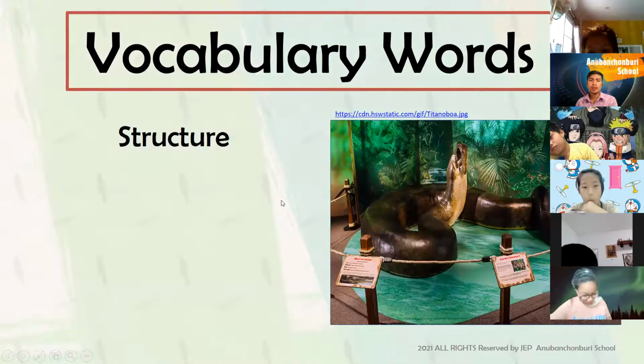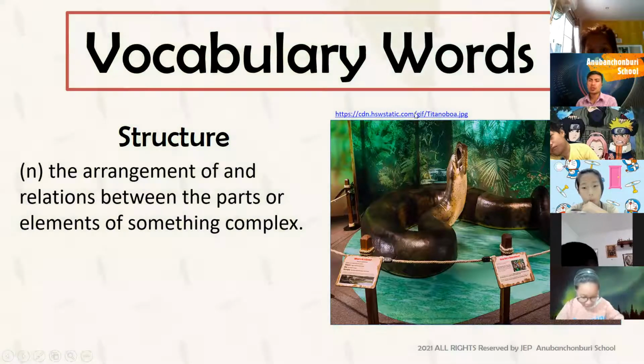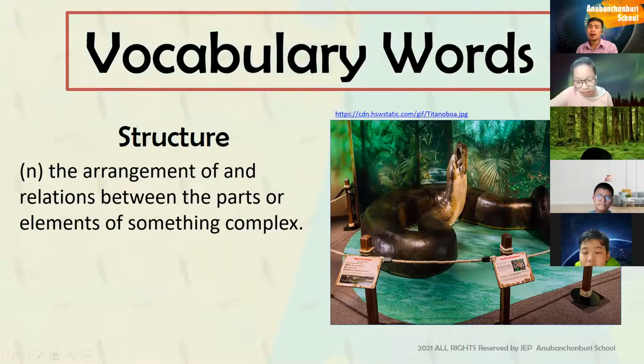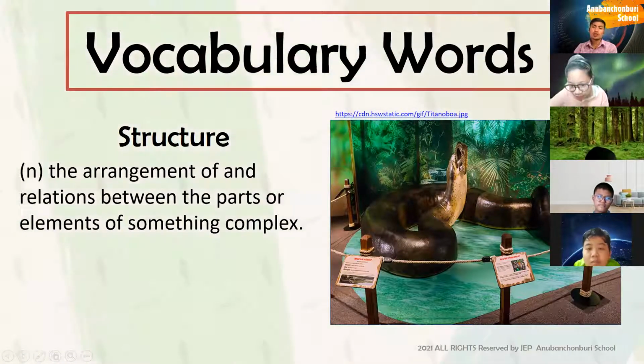The last word here is structure. So there are a lot of museums now, science museums, that offer this 3D or wax structure of prehistoric animals like this one. If I am not mistaken, this is a Titanoboa. It's a very, very big snake. So they have this very nice structure of Titanoboa.